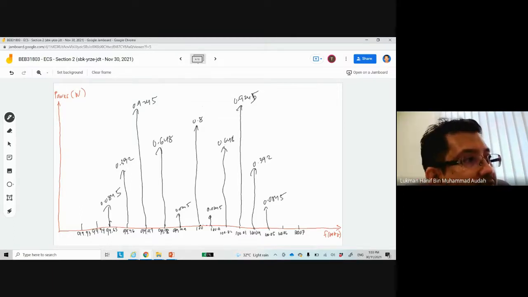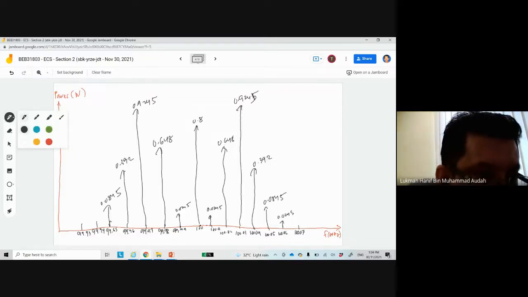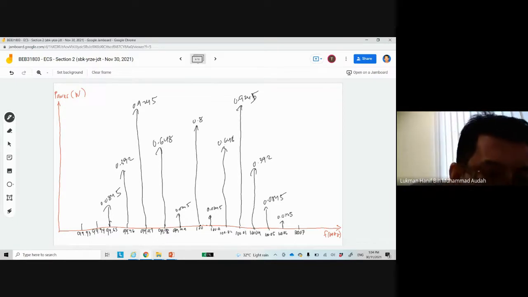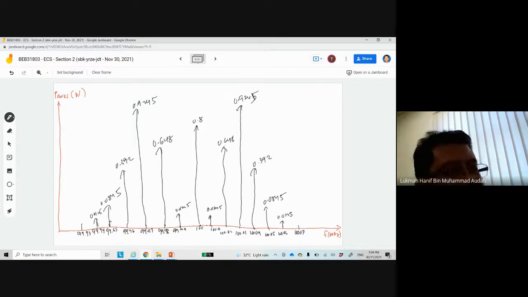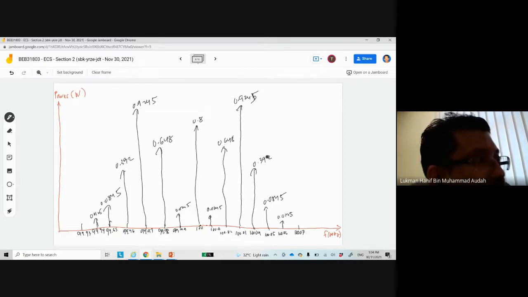Okay, the sixth sideband is 0.0125. So it is smaller than this one. So I estimate it is around here. 0.0125. Okay, so here is the 7th sideband, 0.002.